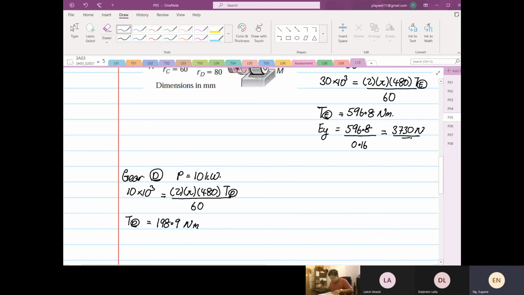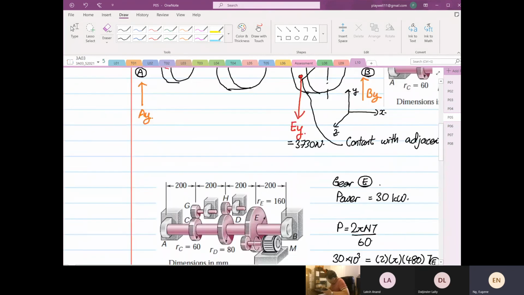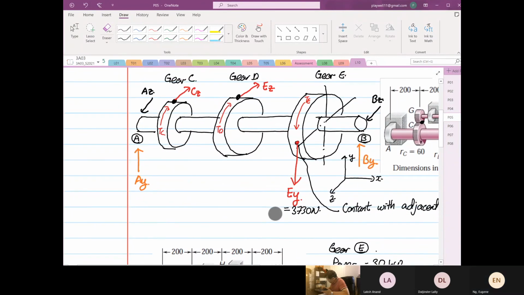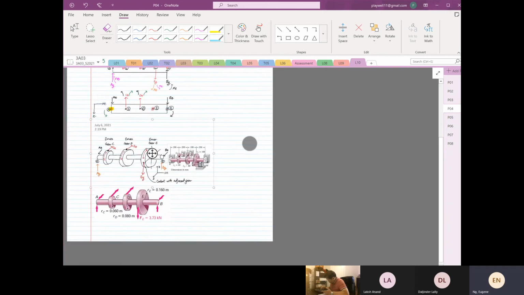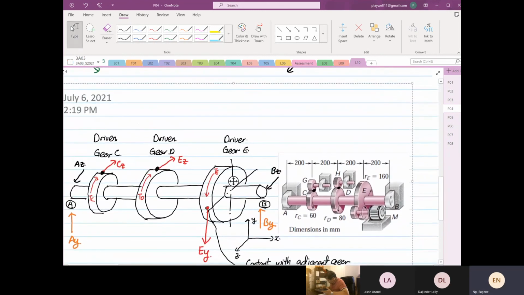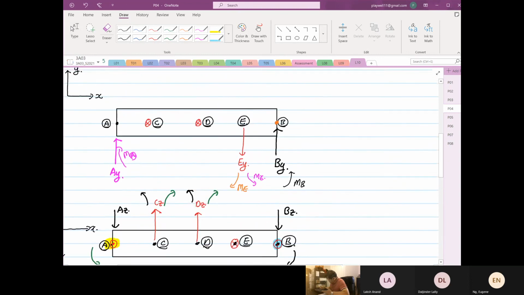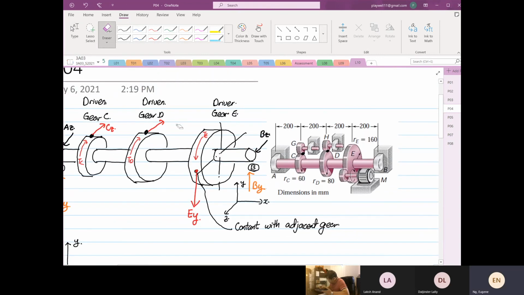So this is at point D. Oh, I do apologize, this is DZ. I got this wrong, and this is also wrong. So probably somewhere around here. Yeah, so this is DZ.